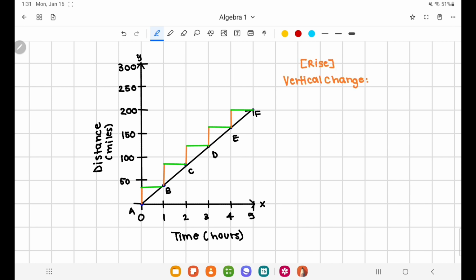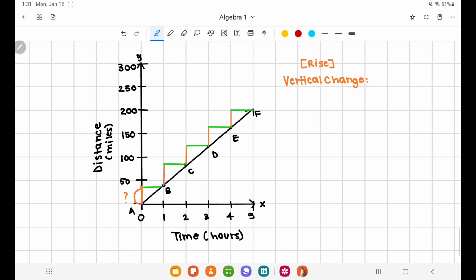The first thing we're going to do is calculate our vertical change, or our rise, the orange value. What is this value? Well, we know that this point here is 40 because at 1 hour he's going to travel 40 miles.